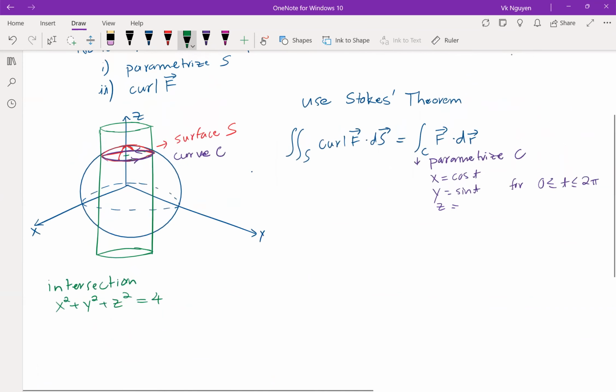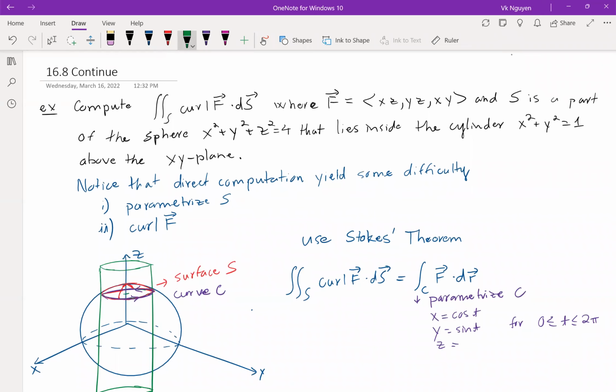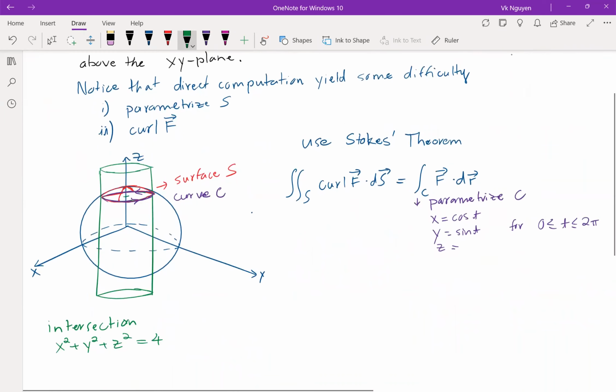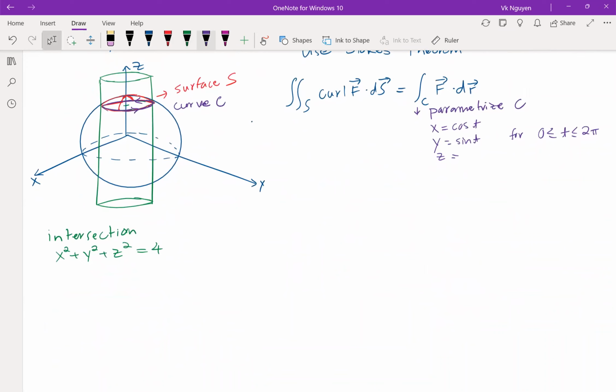Now we have x squared plus y squared equals 1 from the cylinder. So 1 plus z squared equals 4. From here you see that z is, well, it is above the xy plane, so 4 minus 1 is 3, so it's going to be root 3.